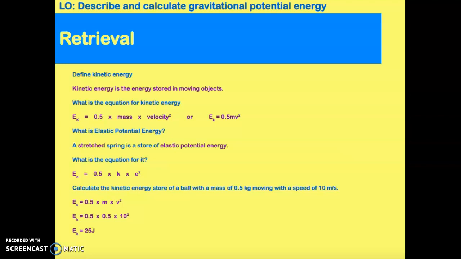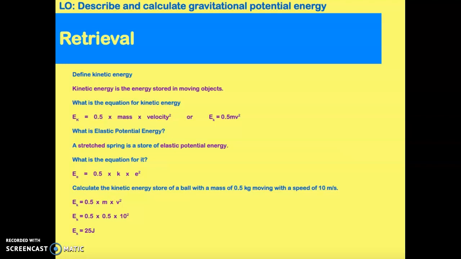For elastic potential energy, a stretched spring is a store of elastic potential energy, and your equation for it is 0.5 times k times e squared. Don't forget that k is spring constant and e is extension. The last question was a calculation, asking you to calculate the kinetic energy store of a ball with a mass of 0.5 kg moving with a speed of 10 meters per second.